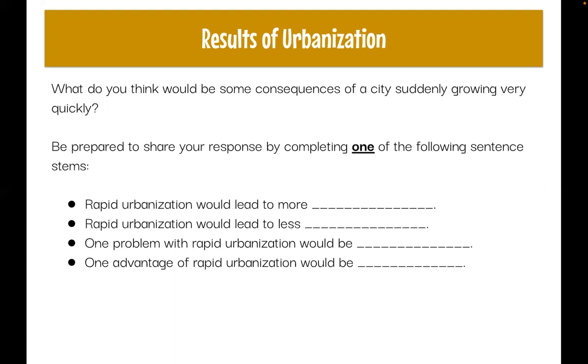So take a moment, pick the sentence stem that you want to complete, jot that down, and then complete the rest of the sentence as we're continuing to move forward. All right, we are moving on.